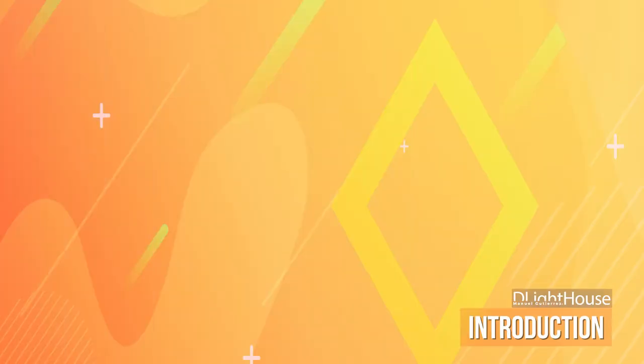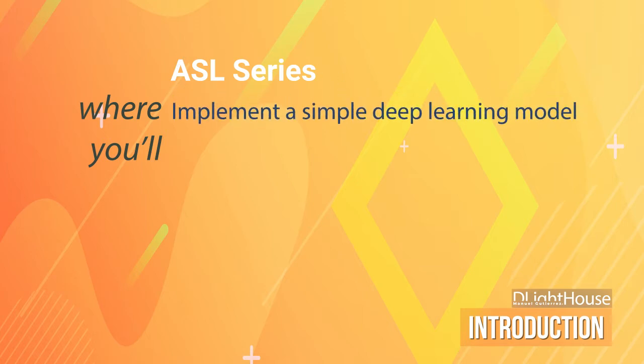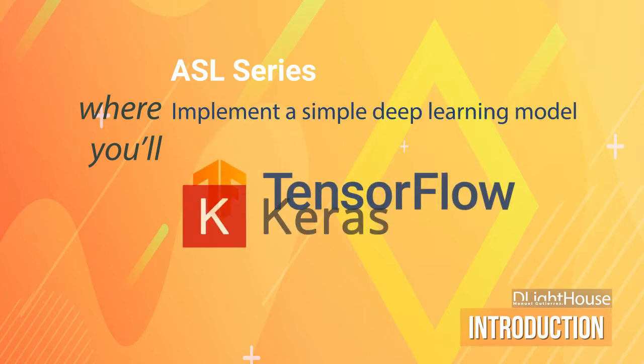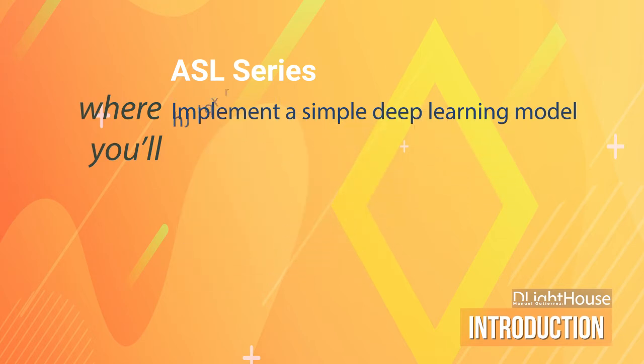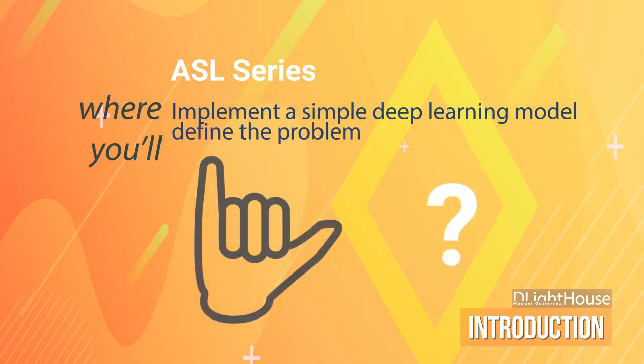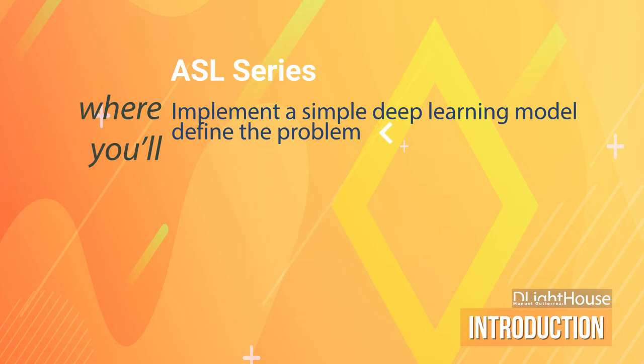Let's start! This video is part of the ASL classification series where you'll implement a simple deep learning model using TensorFlow and Keras for classifying images. First, we define the problem that we want to solve, identifying hand signs for the American Sign Language, ASL, in this video.